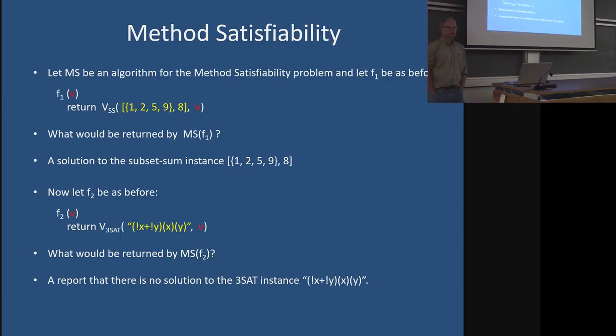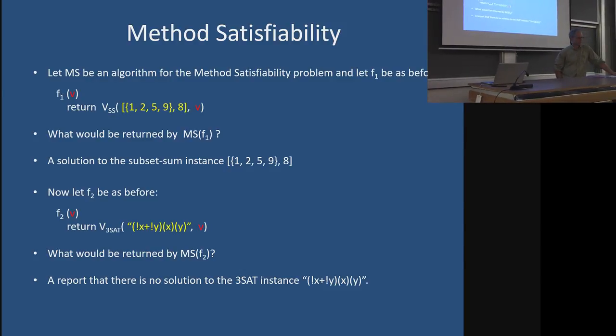Okay, so how does this really help our proof that MS is NP-complete? Because if MS wasn't NP-complete, it would be saying that you found a polynomial time algorithm to solve NP problems. Well, we don't want to start by assuming it's not NP-complete.